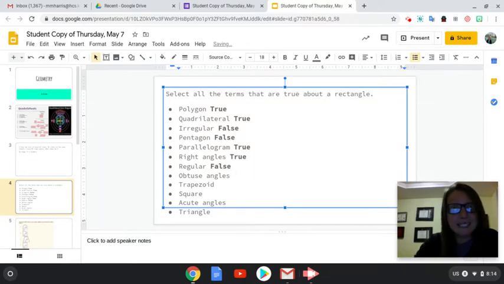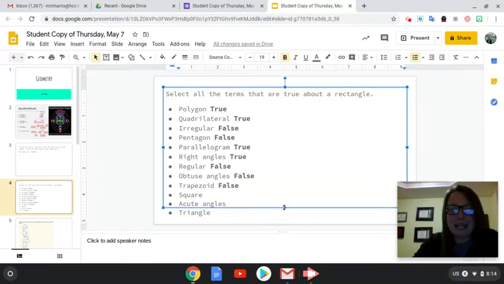Right, it has right angles. Can a trapezoid be a rectangle? No, because a rectangle has how many pairs of parallel lines? And a trapezoid has only 1. So that's false.